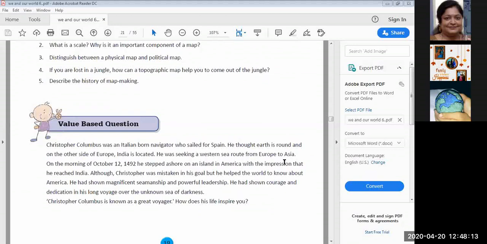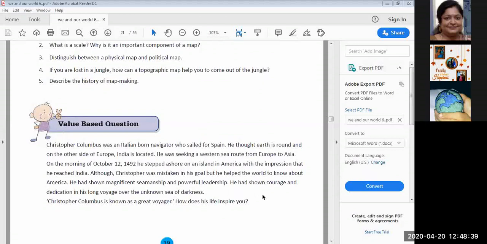Second, ultimately in 1492, he stepped on an island which was in America with the impression that he had reached India. Third, he was mistaken in his goal, but he gave the world information about America. Fourth, he has shown his courage and dedication in the long voyage over the unknown sea of darkness.